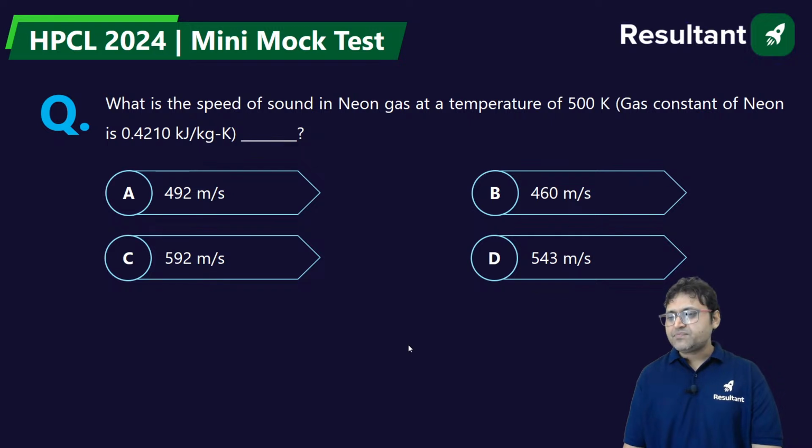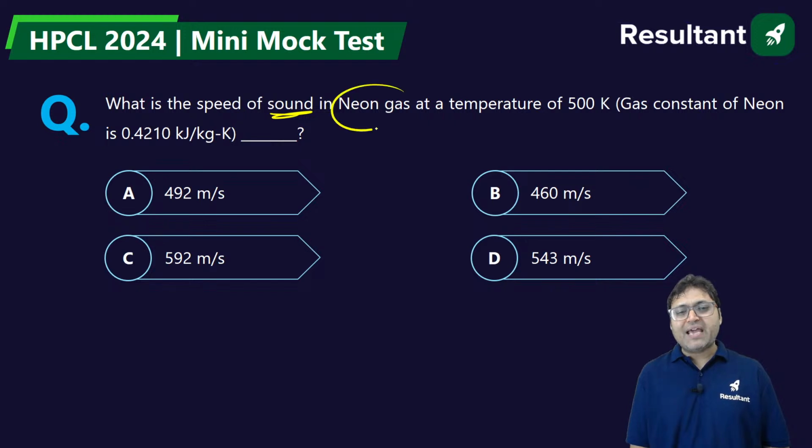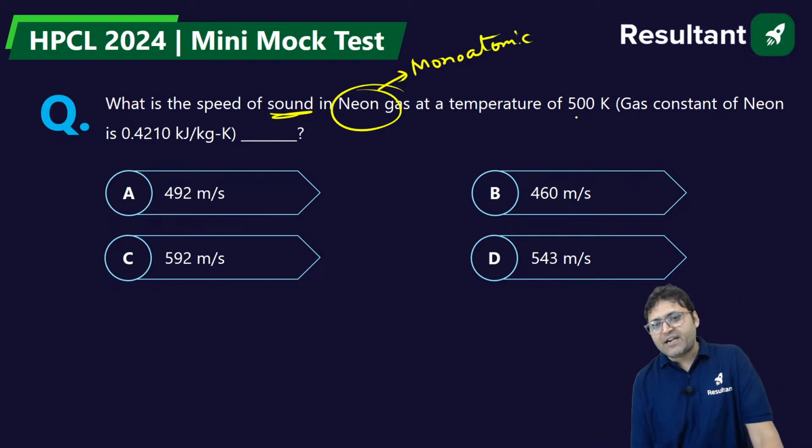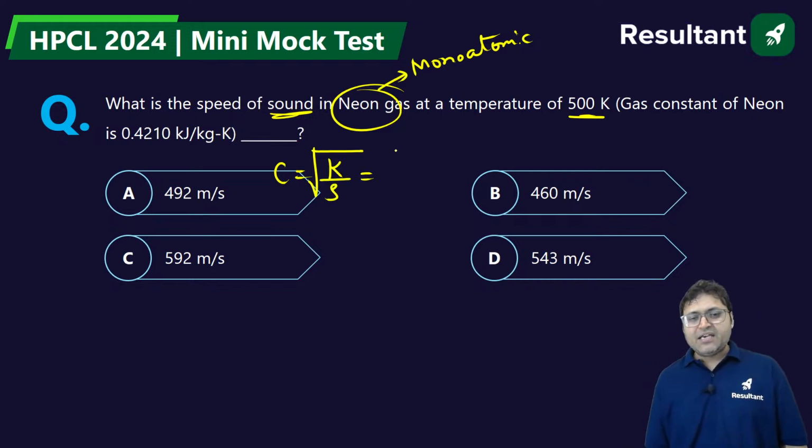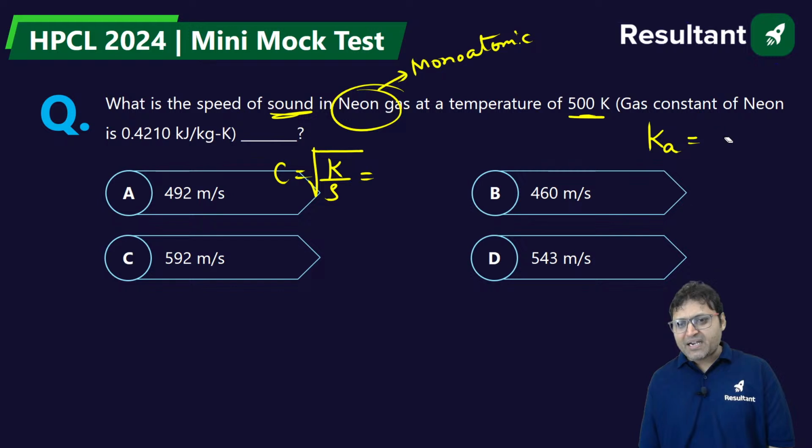The next question. What is the speed of sound in neon gas? It is monoatomic. Neon is monoatomic at a temperature of 500 Kelvin. Speed of sound C is given by under root of K by rho, and K, bulk modulus, is given by gamma times pressure.